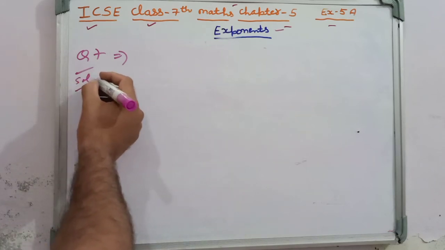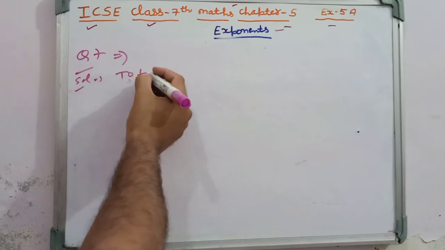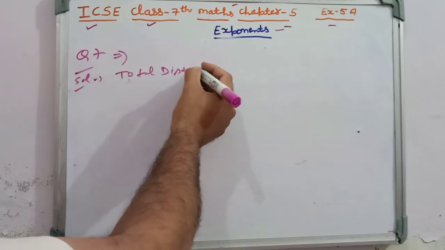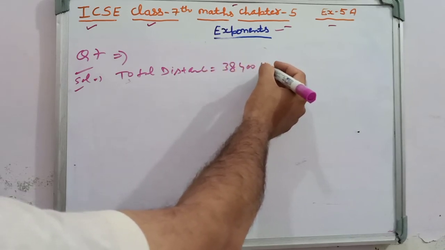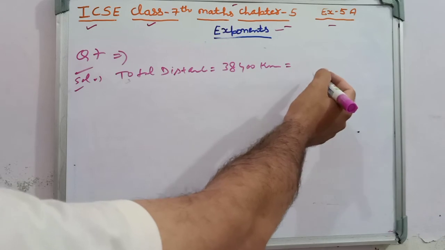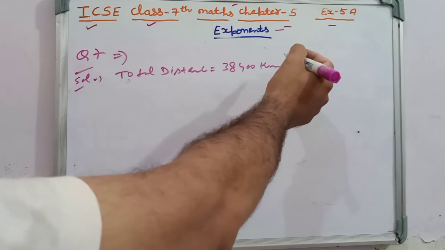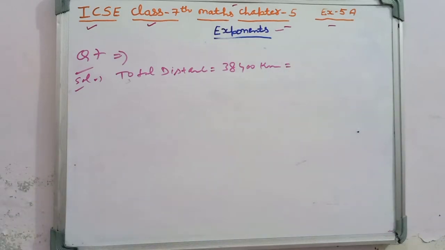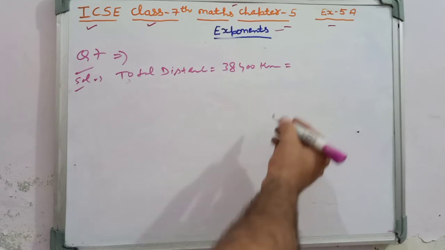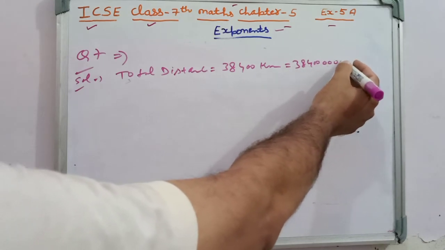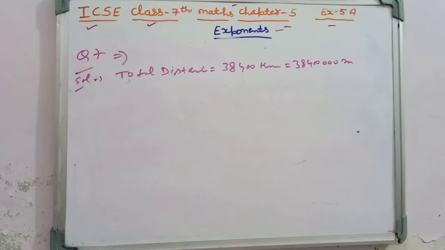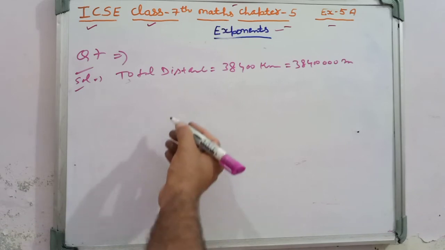So the solution: total distance equals 38400 kilometers. Write in meters. 1 kilometer is how many meters? 1000 meters. So 38400000 meters. Right? He has asked us to write it in the exponential.